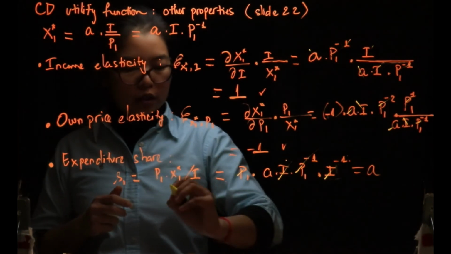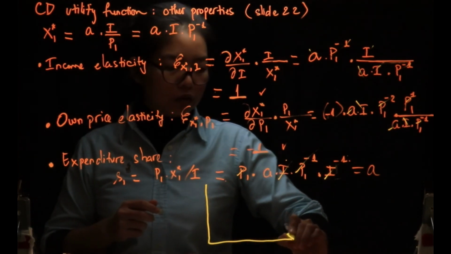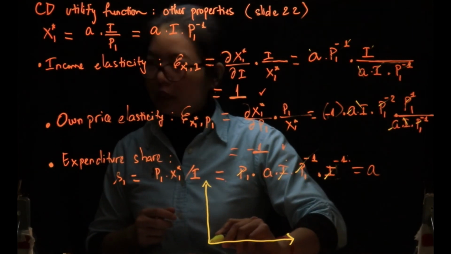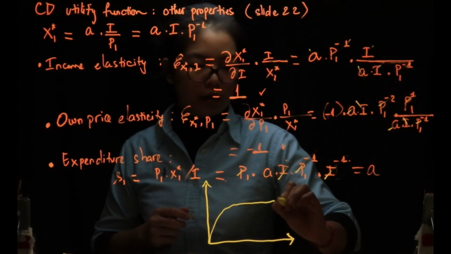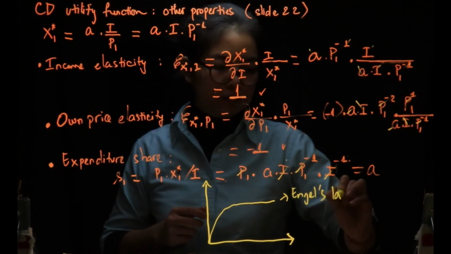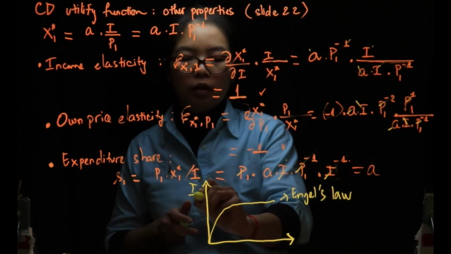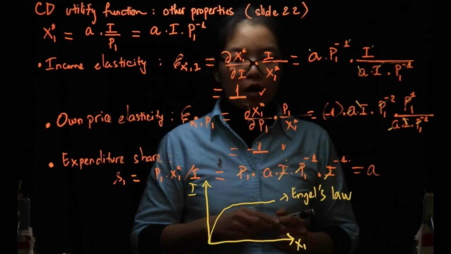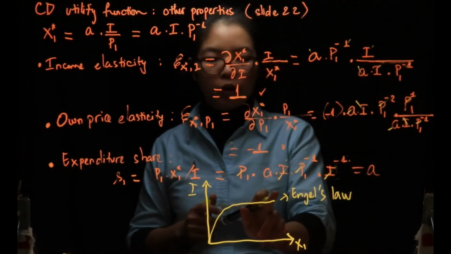So what does Engel's law say? But first let's talk about the Engel curve. So the Engel curve normally would be like this. Under Engel's law, the law says that when your income increases, the budget share you spend on the good will decrease.